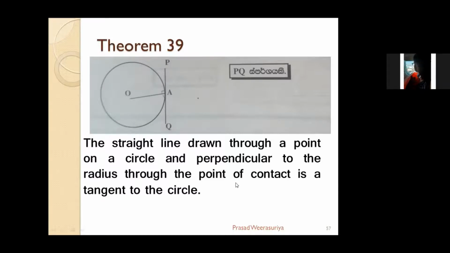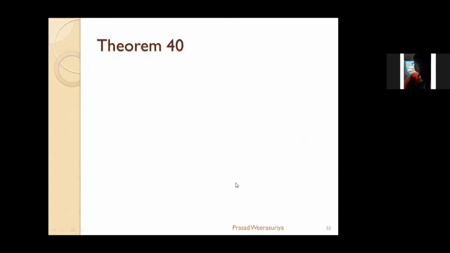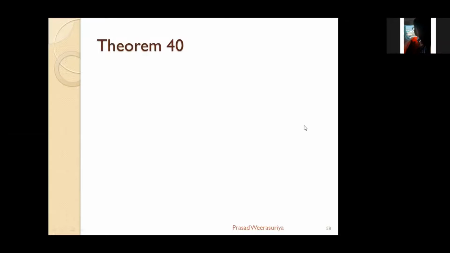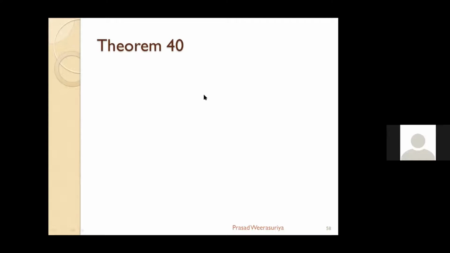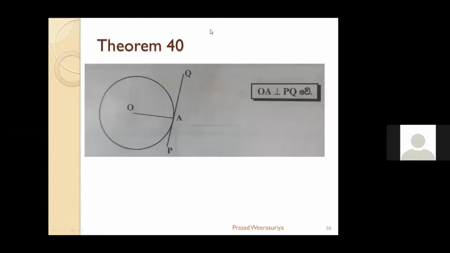Okay, let's move to the next theorem. Theorem number 40. Again, there is a circle and a tangent.